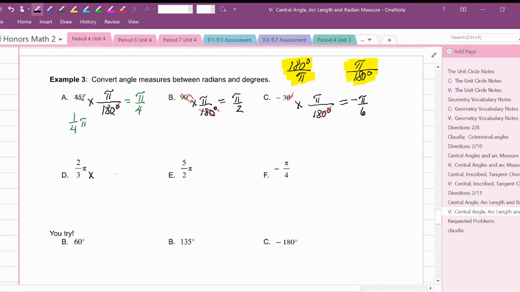Now we'll use the other relationship. Pi radians is to 180 degrees. Pi's cancel out. 3 goes into 180 60 times, so this is 120 degrees.